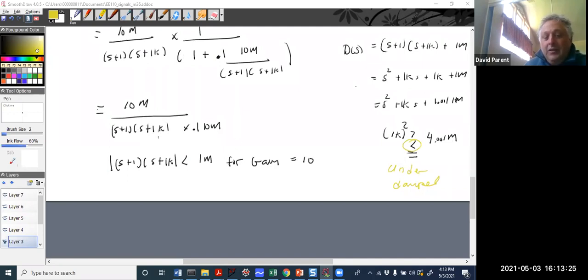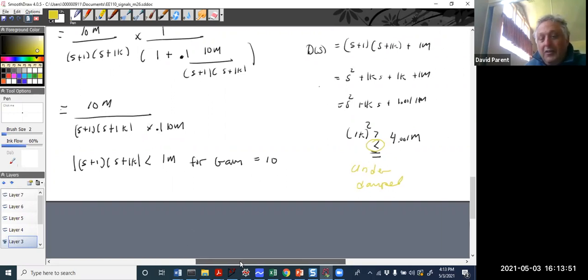All I would expect on the exam, if it was to do it mathematically, is to take the magnitude of this is greater than 1 meg, for a gain of 10. When that happens, this will drop out compared to the 1 meg. 10 meg divided by 1 meg is a gain of 10.